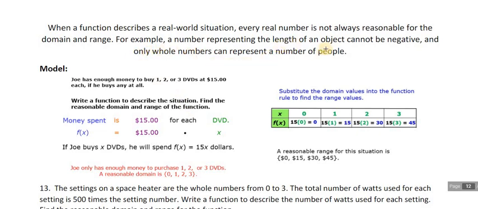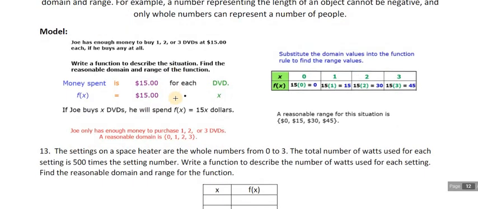And the length of an object can't be negative. So sometimes we need to use a little bit of logic. And whenever we're only using whole numbers, perhaps we're dealing with a discrete situation, so we're not going to necessarily be connecting those points.